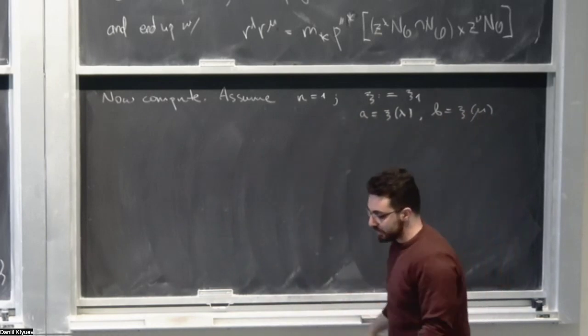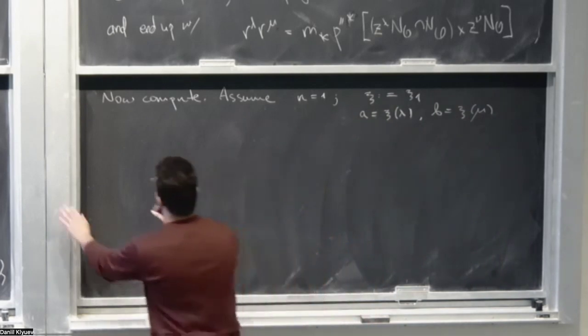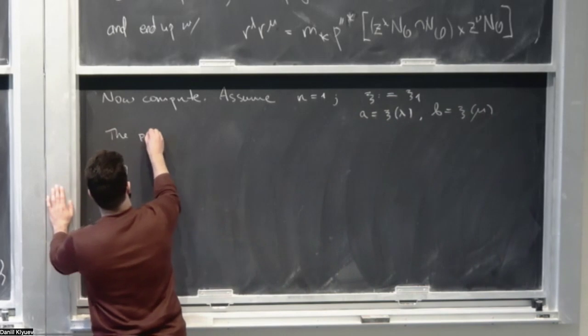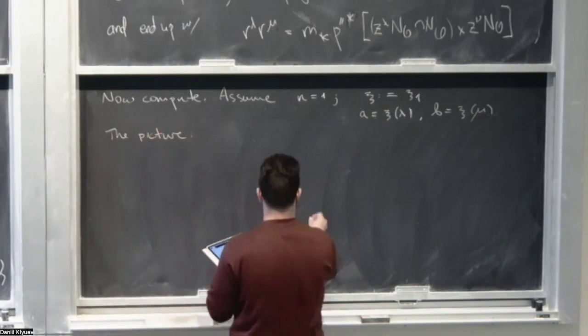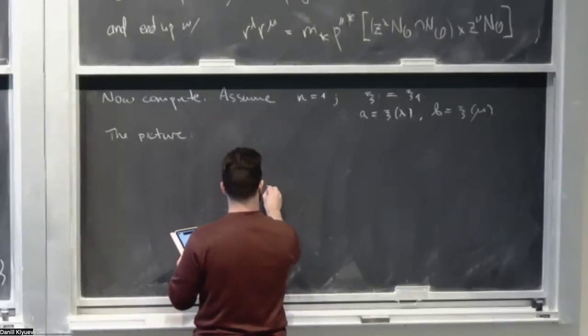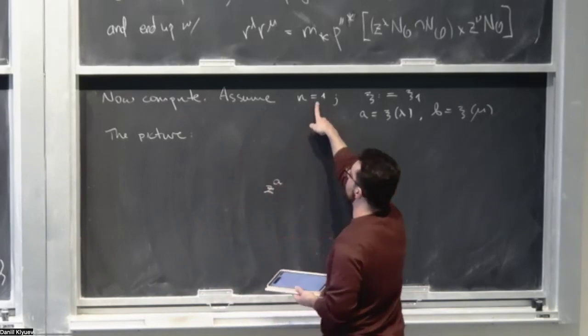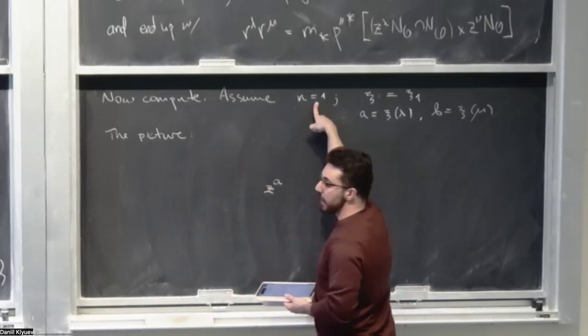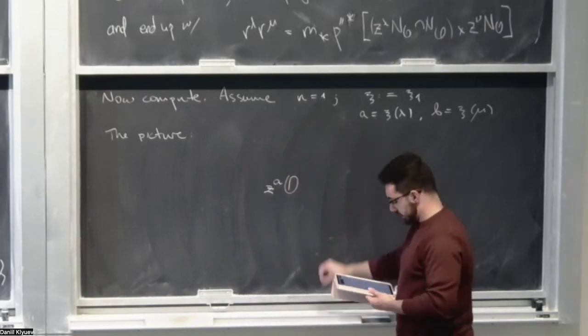That's what it's come down to. So n equals 1 means the representation N is one-dimensional.